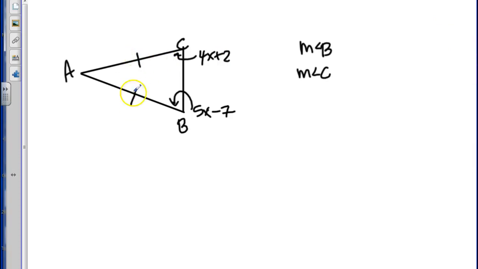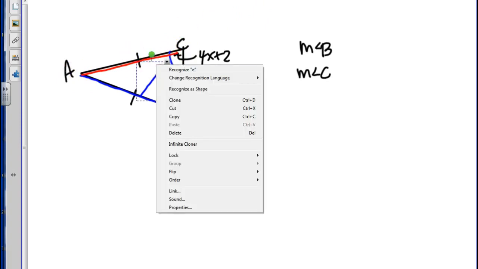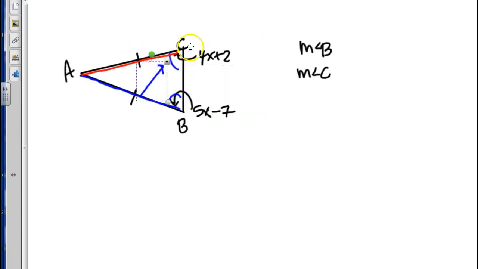All right, now that we're back, since the sides are equal, I know the angles opposite those sides are equal. So let's talk about opposite sides. This side, if I just put an arrow out in front of it, angle C is opposite that side, right? And this side, if I just arrow out in front of it and see which angle it meets, it will meet that side. All right.